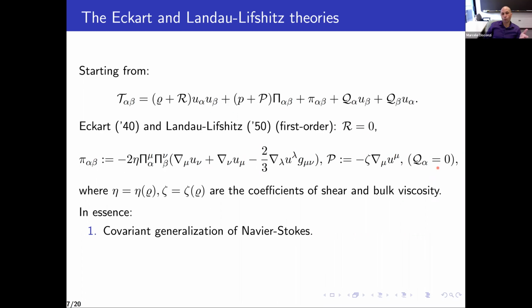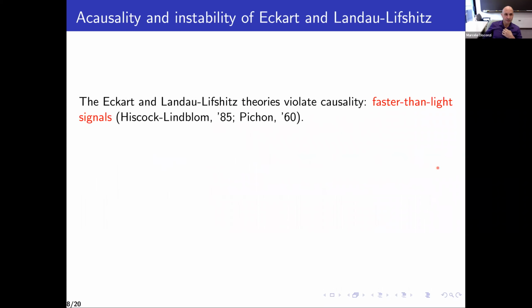So the question is, where do these expressions come from? They basically are a covariant generalization of the Navier-Stokes equations. And there are some modeling choices that Eckart and Landau-Lifshitz made, and these modeling choices were made to enforce entropy production to be non-negative because we want the second law to hold. Okay, so these theories, if you look at them, and again, I don't have time to discuss them in detail, but if you go through this construction, they seem very natural.